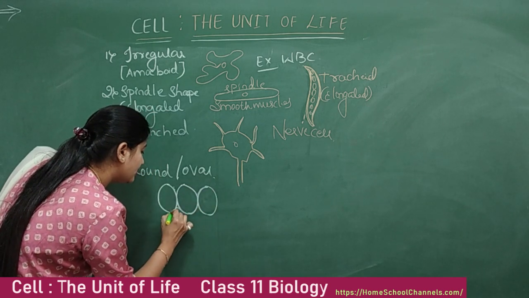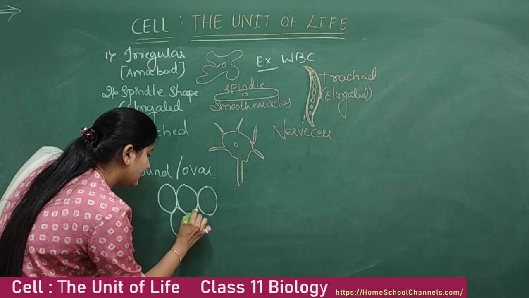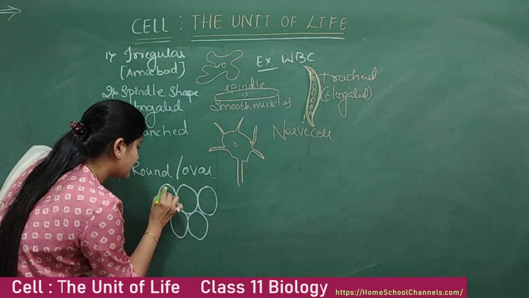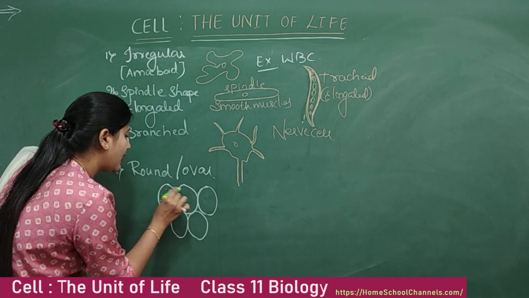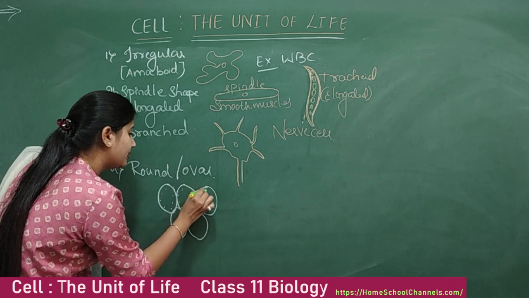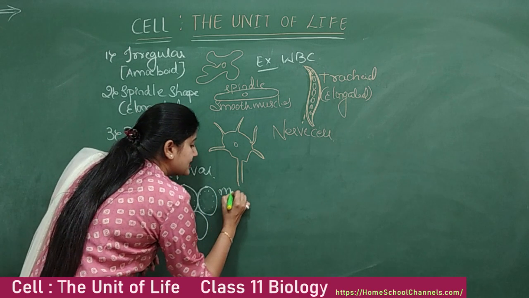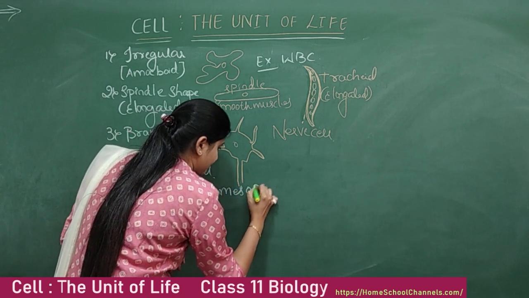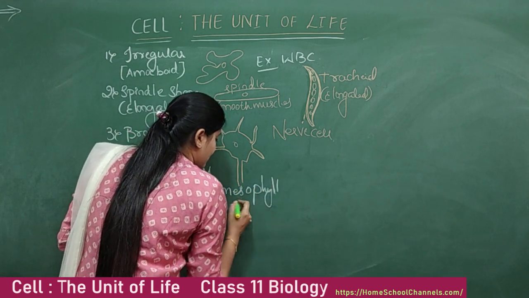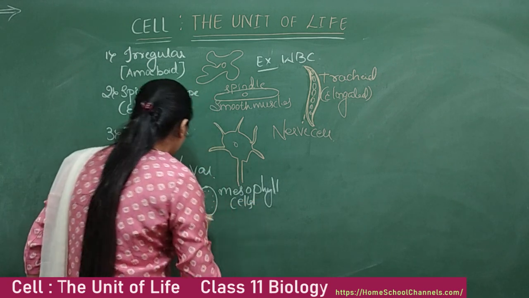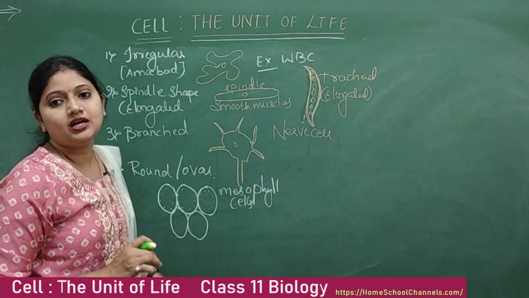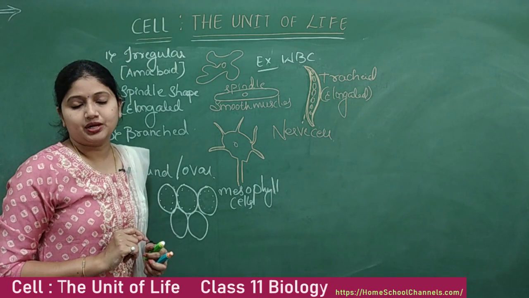They are very nicely arranged cells. Here we have all the chloroplasts present inside, isn't it? So these are mesophyll cells. Mesophyll cells. And what is the shape? Shape is the round or oval shape.